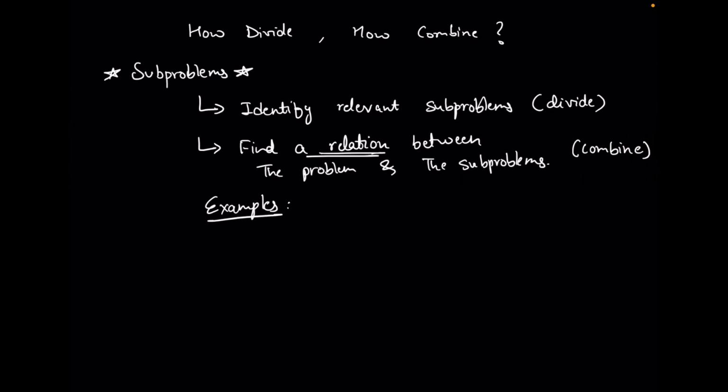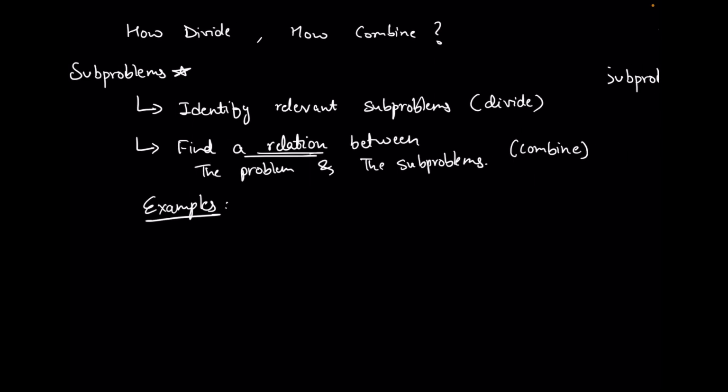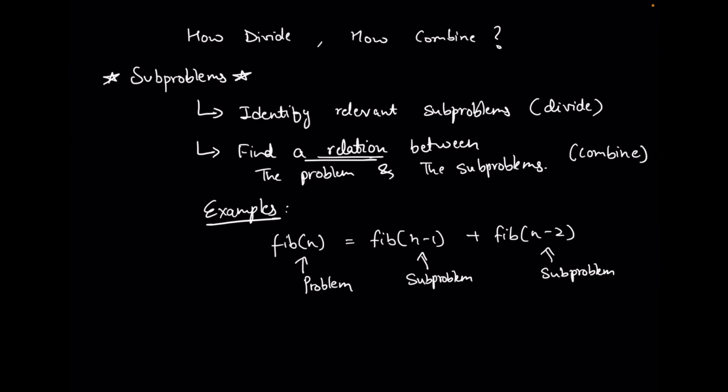The first example we have is something we've seen before. It's the Fibonacci series. So the Fibonacci series, by definition, has this relation in it, right? That fib of n is equal to fib of n minus 1 plus fib of n minus 2. Now, this relation, which defines the Fibonacci series for us, is a relation between the problem and the subproblems.